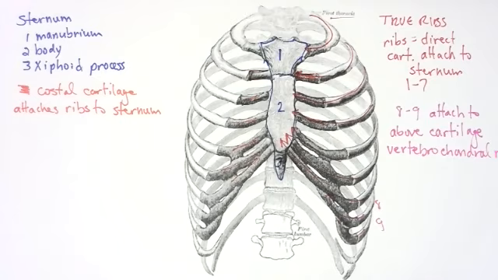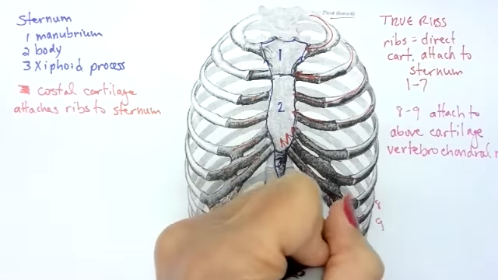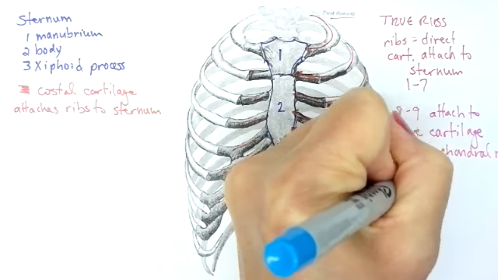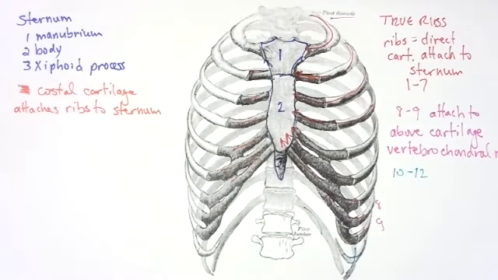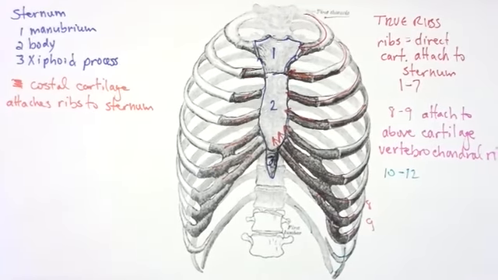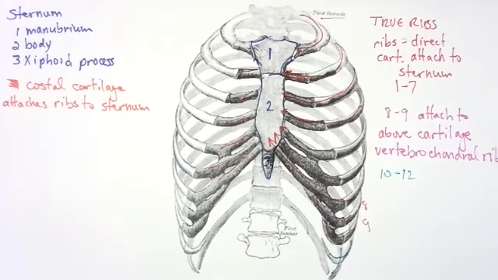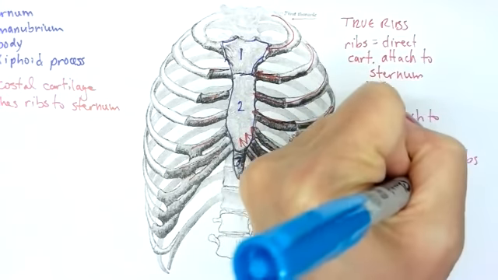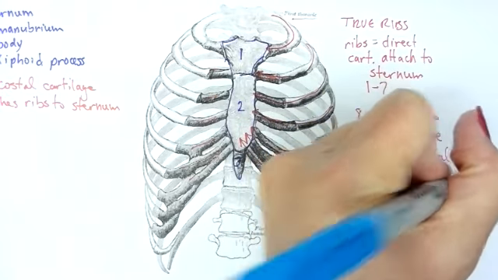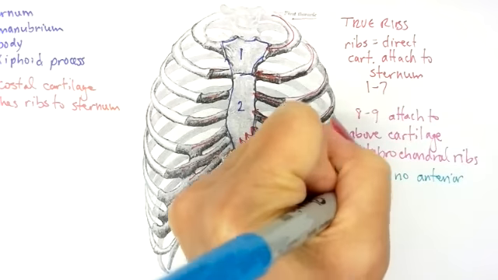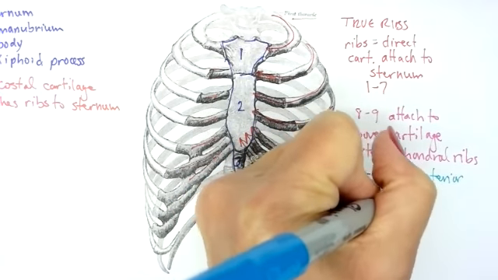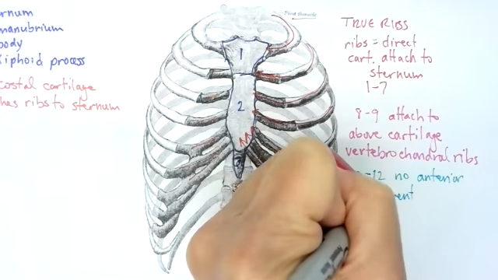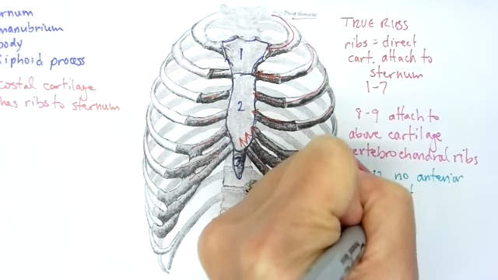And then finally, ribs 10, 11, and 12 do not have any attachment in the front. They have no anterior attachment. And so we call these floating ribs or false ribs.